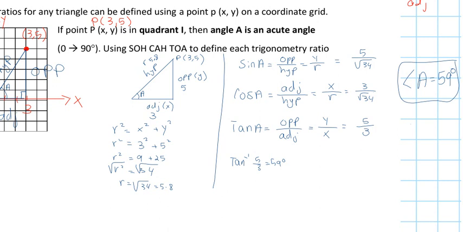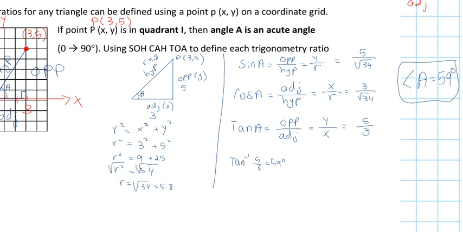Now if you look here, odd, no matter what, is going to be positive. Right? Because odd is a squared number and then you have to square root it, it's going to be positive. In the first quadrant, is y positive? Yes. So positive over positive is going to give me positive.